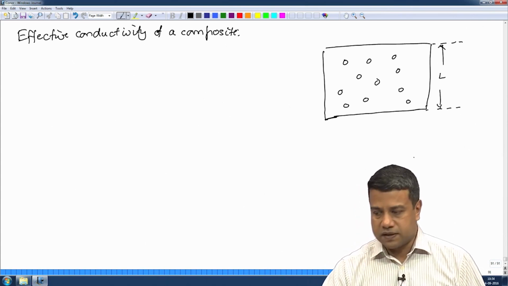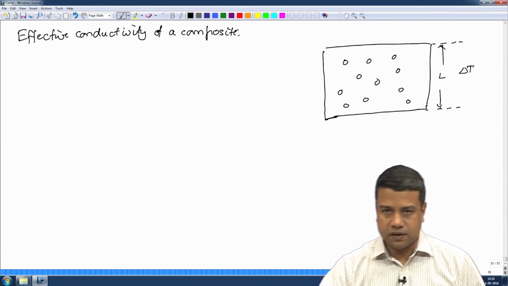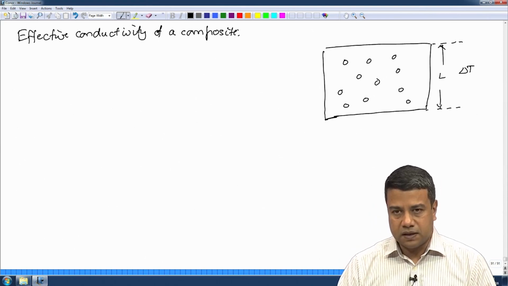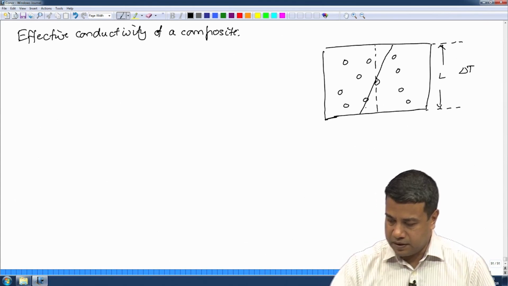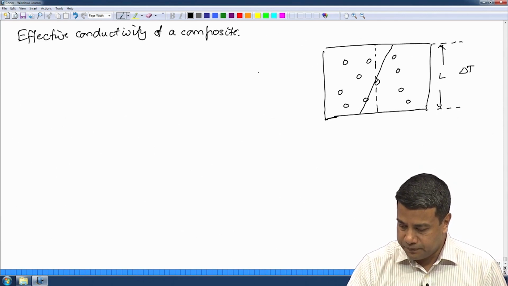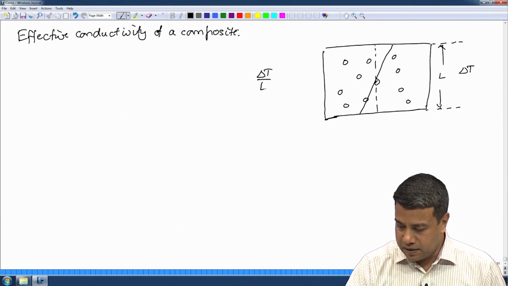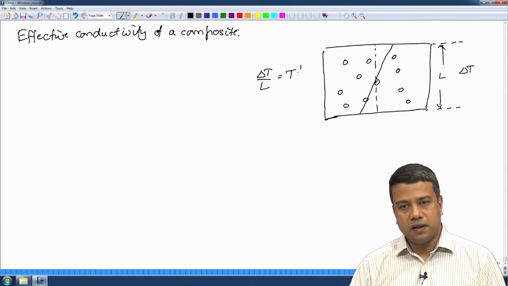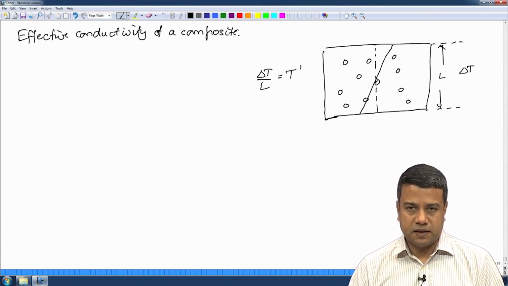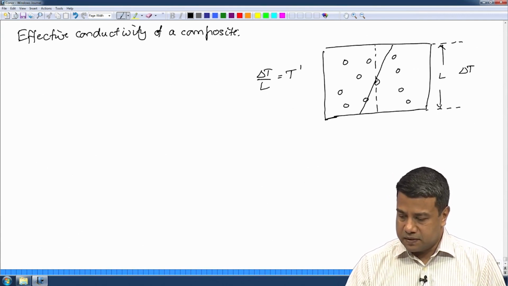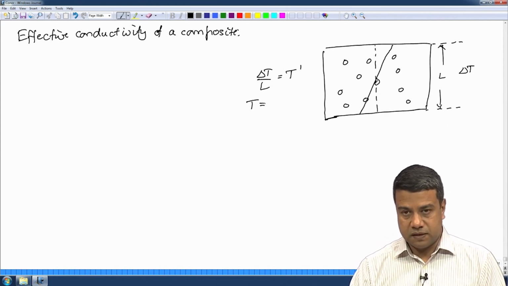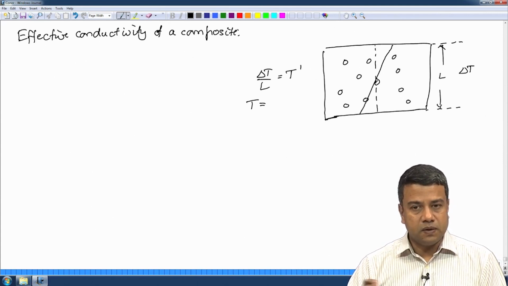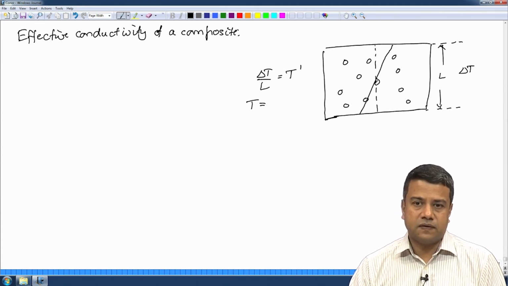and the difference in temperature is delta T between the top and the bottom surfaces, the average gradient of the temperature from the top to the bottom is going to be equal to delta T by L, which is T prime. This gradient is specified. So, if the material were homogeneous, if it had only one conductivity, we know that the temperature would be a linear function of distance.